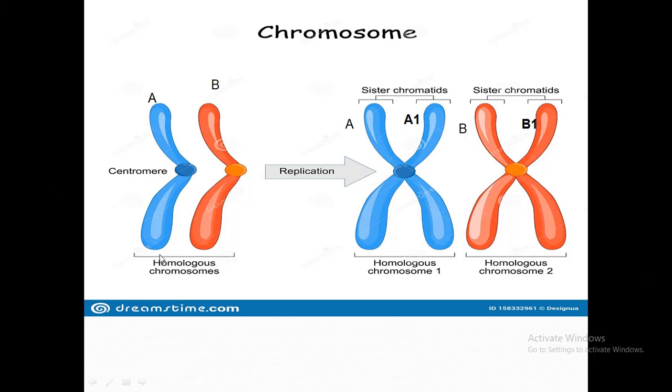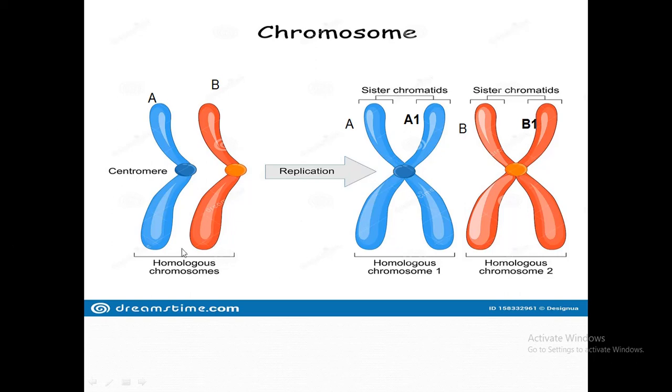So usually there is only one chromatid in the chromosome before S phase. After S phase, another chromatid is synthesized because DNA becomes double. So chromatids also become double.